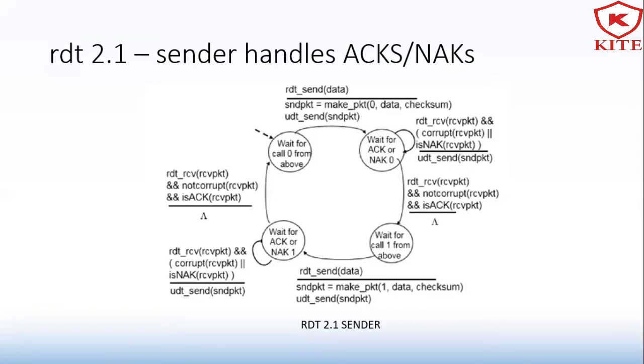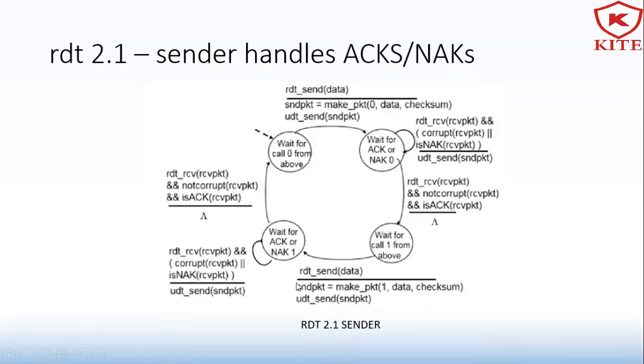In this state, it waits for the acknowledgement or negative acknowledgement from the receiving side. Suppose the packet is received correctly at the receiving side, the packet is not corrupted and the acknowledgement is correct. It is a proper positive acknowledgement, then no action is taken, and the state changes to the next state.